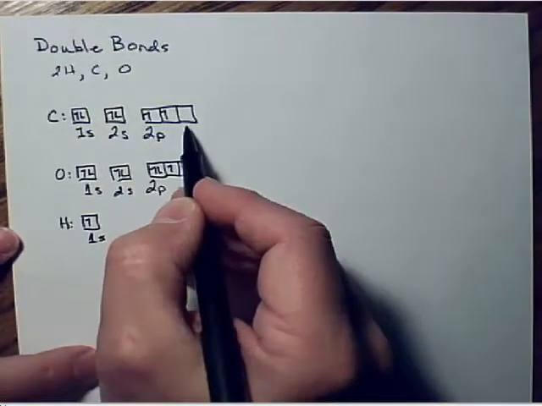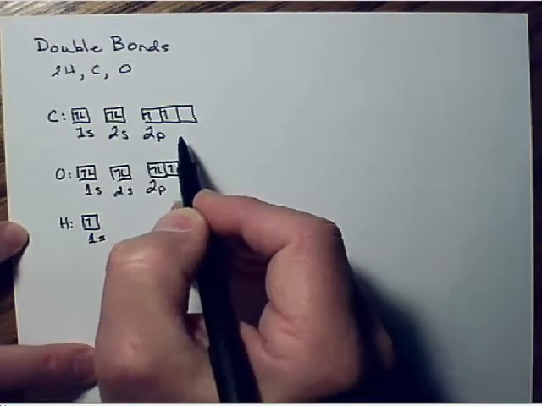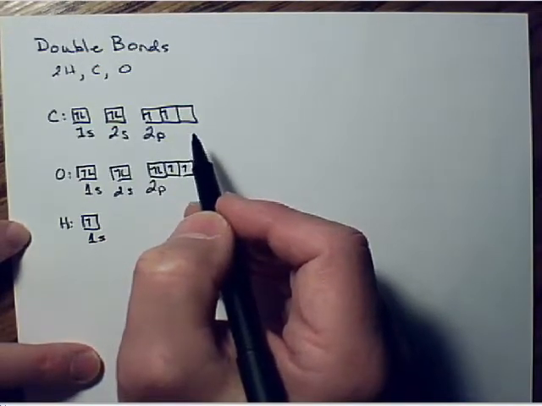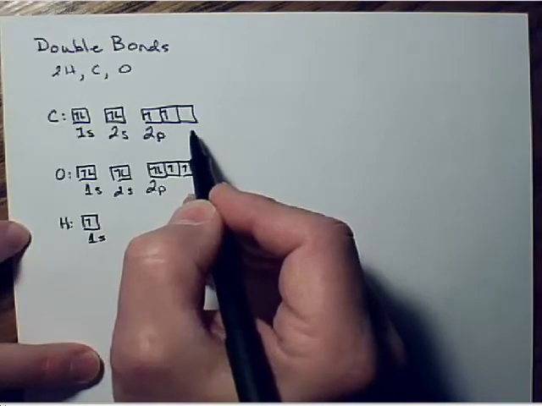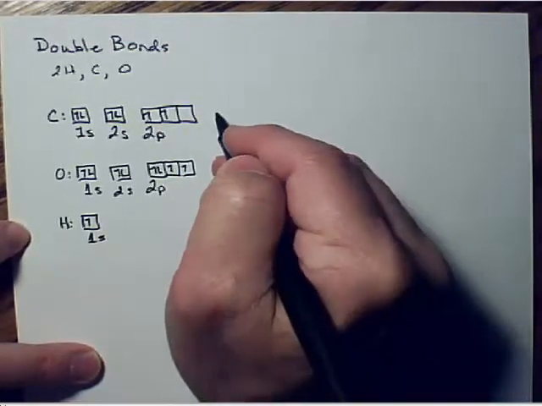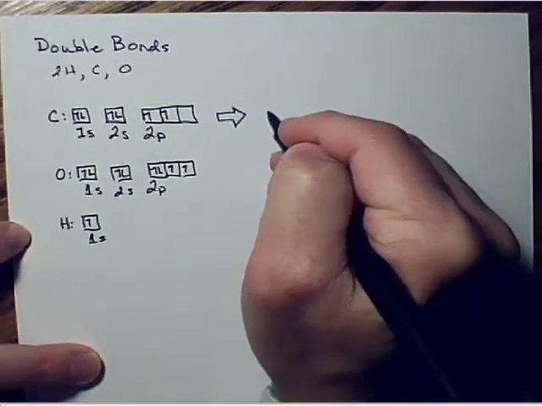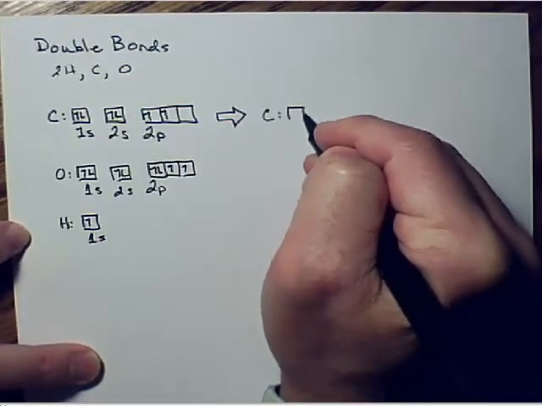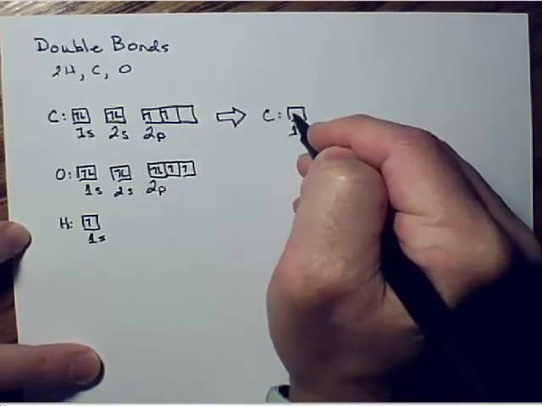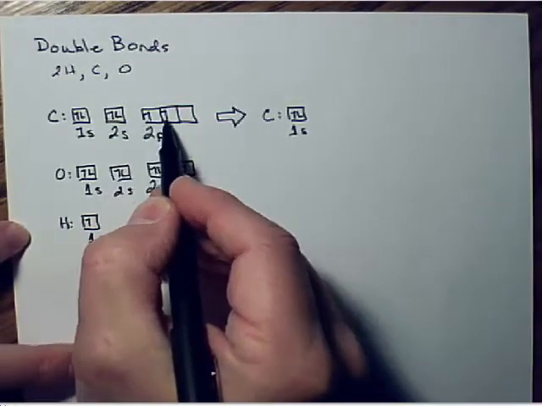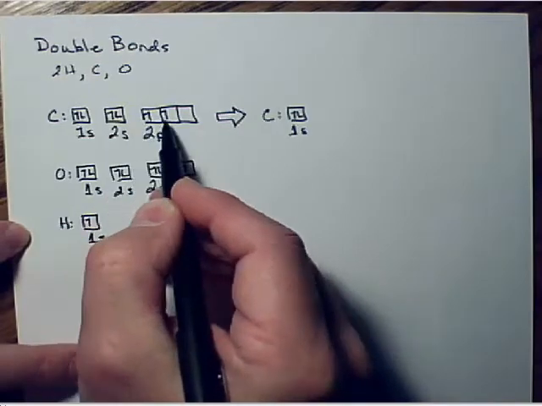But today we're going to leave one p orbital unhybridized. In order to make a pi bond, and a pi bond is required for a double bond, one p orbital has to be left unhybridized. So it's going to look something like this. Then one s and two p's get hybridized.